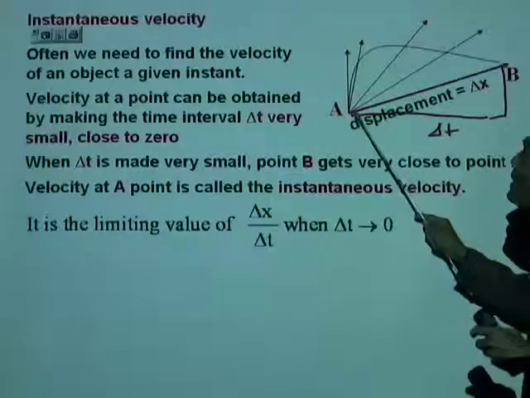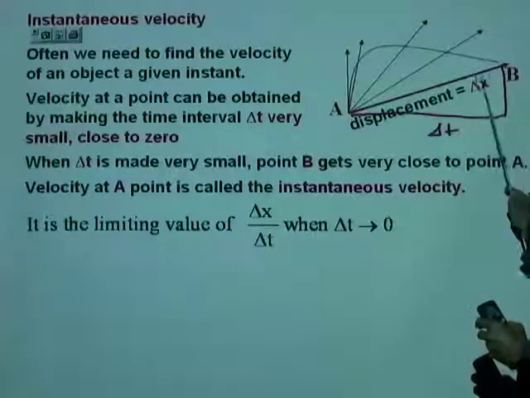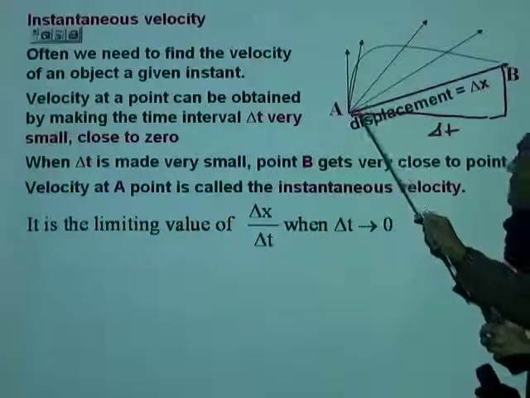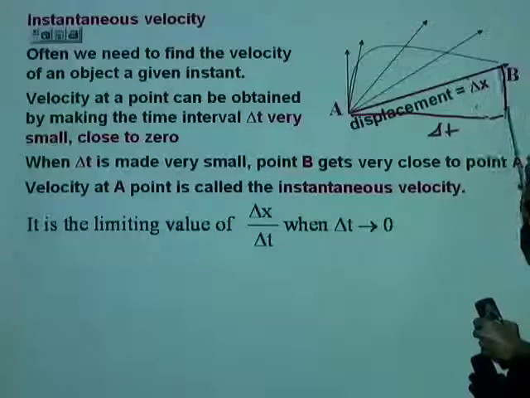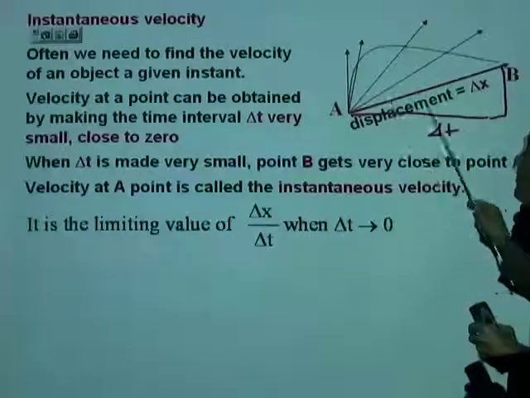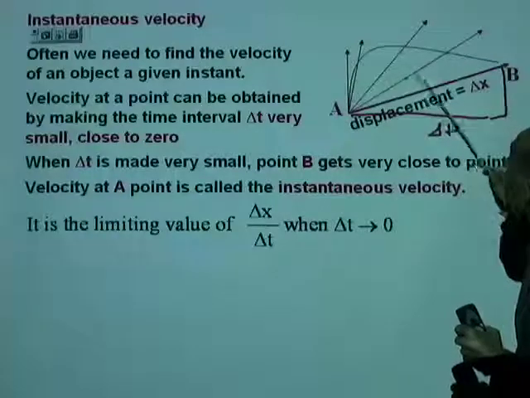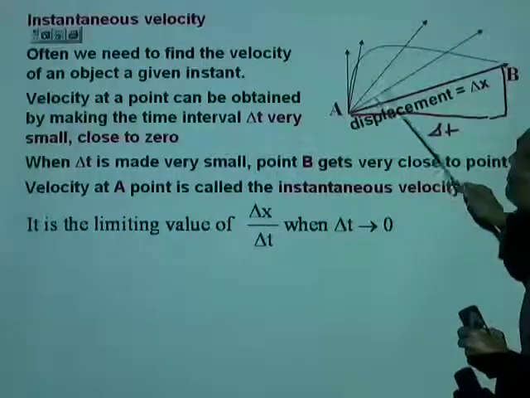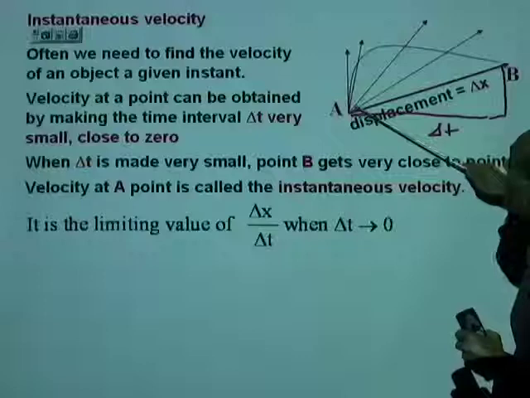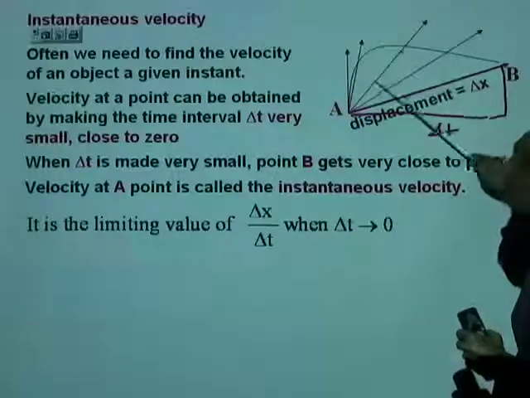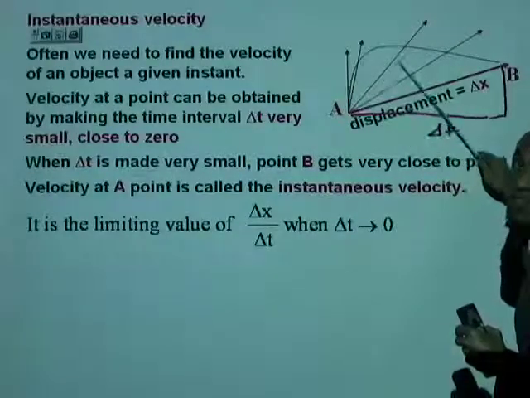We actually call it the slope of this line. The average velocity during this interval is the slope of that line. The average velocity during this interval is the slope of that line. The average velocity during that interval is the slope of this line.